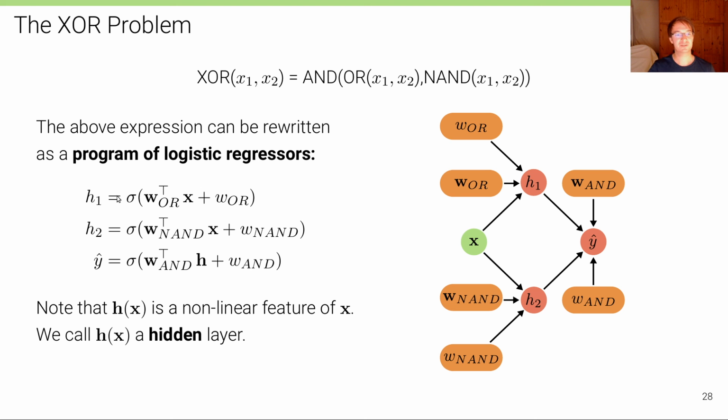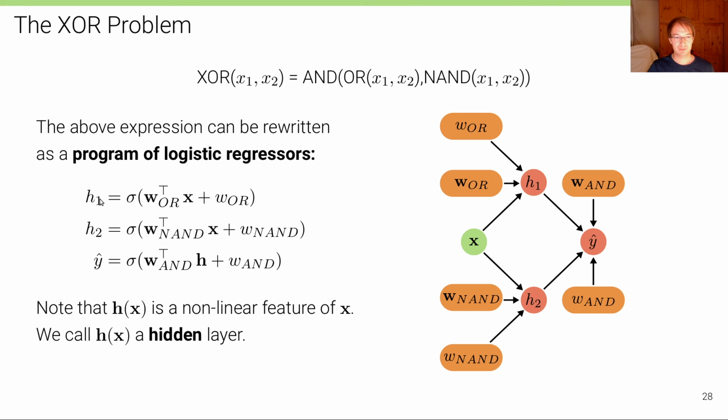So we have one regressor that is a linear function with a logistic activation function that represents the OR operator. And then we have this one here for the NAND, and then we combine the OR and the NAND results. So H1 and H2 are stacked into this vector bold H with the AND operator to yield Y hat, which is our prediction.